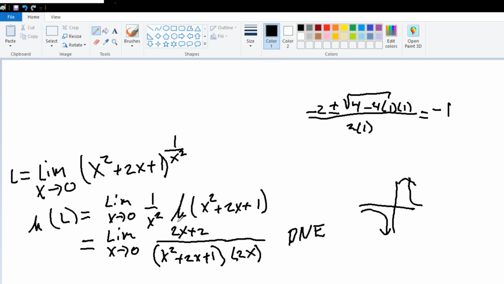Okay, however, if we did say that this came from the left, now this limit goes down to negative infinity.